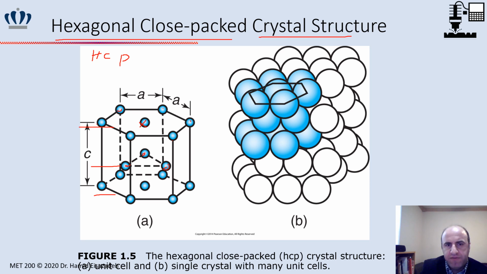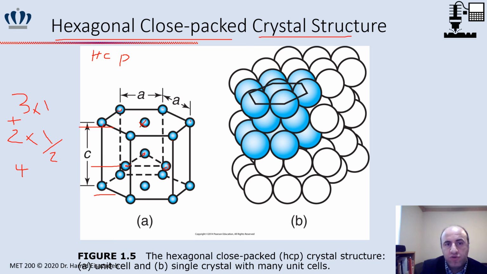For example, we have 3 full atoms, 3 times 1, and for the center atoms, half of each is going to be shared and half is going to be inside this unit. So 2 plus 1, because 1/2 of 1 on the top face and 1/2 of 1 on the bottom face. So by now we have 4, right? If we combine them, we get 4.